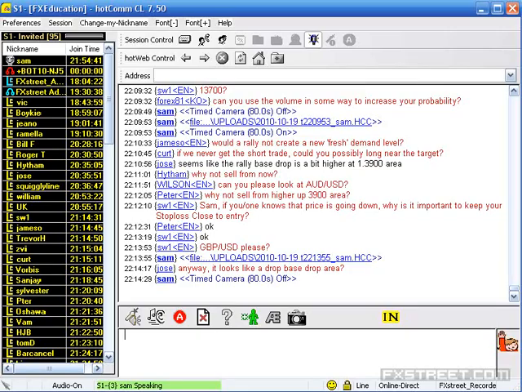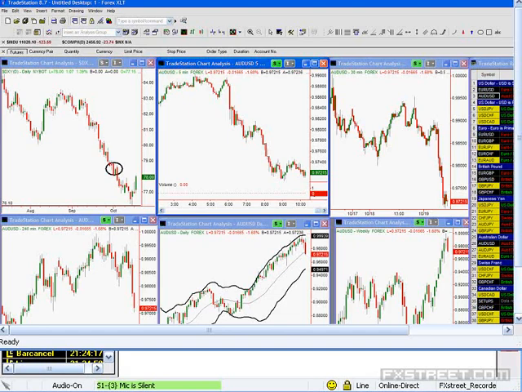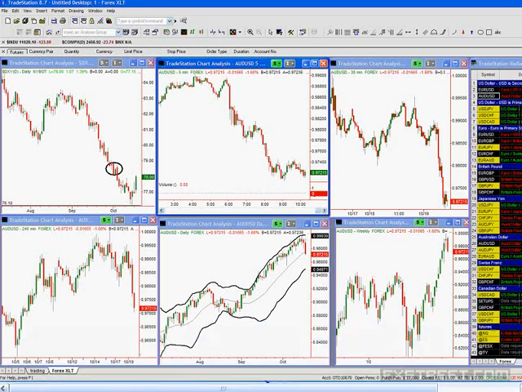Okay, so let me grab the chart for you. You should be able to see the chart of Aussie dollar. We can start with the daily, but we're just going to focus on these highs here.